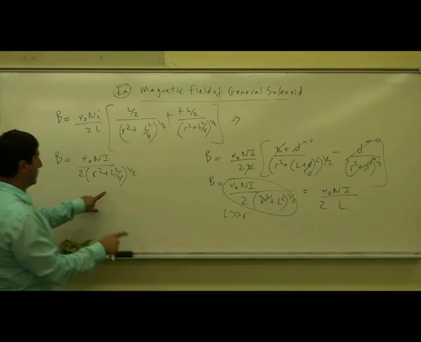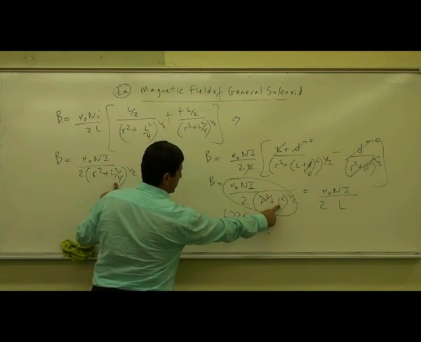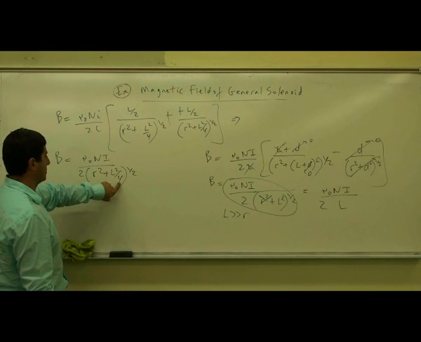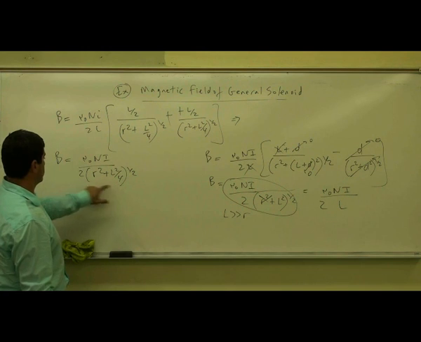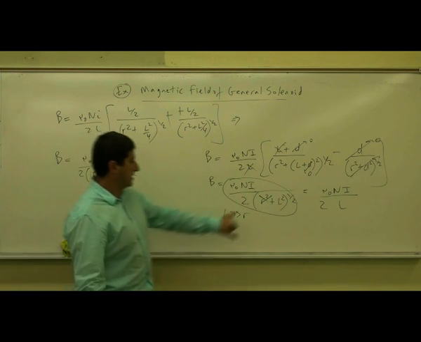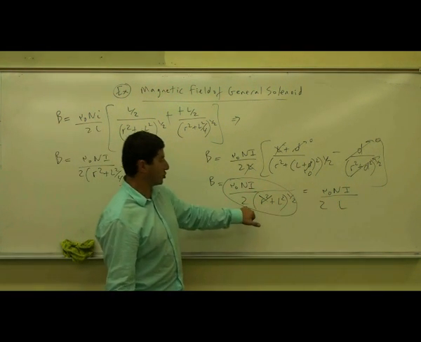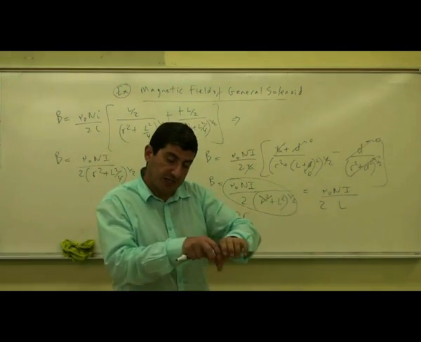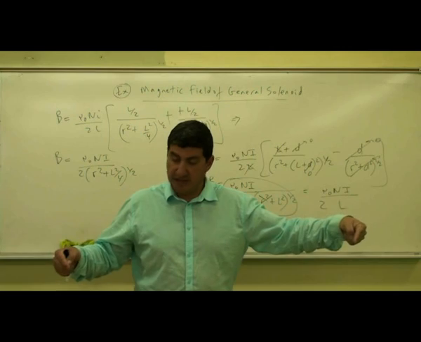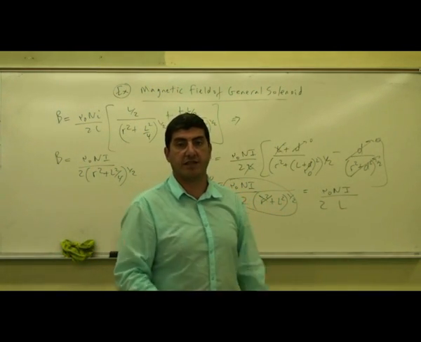The biggest difference was that this one was L squared, this one was L squared over 4. So when L is much bigger than R, this became L over 2, which canceled with that. And then this one just stayed as L, so the 2 ended up remaining. So an approximate equation is that when the solenoid is long enough, the magnetic field at the edges is half the magnetic field at the center.